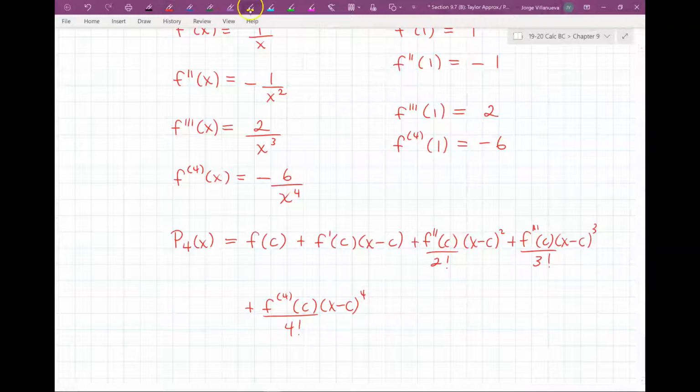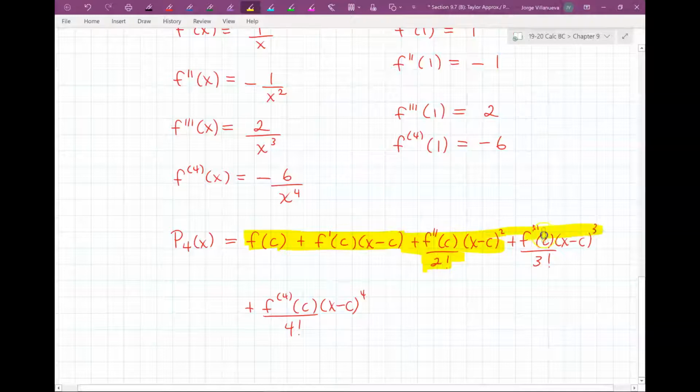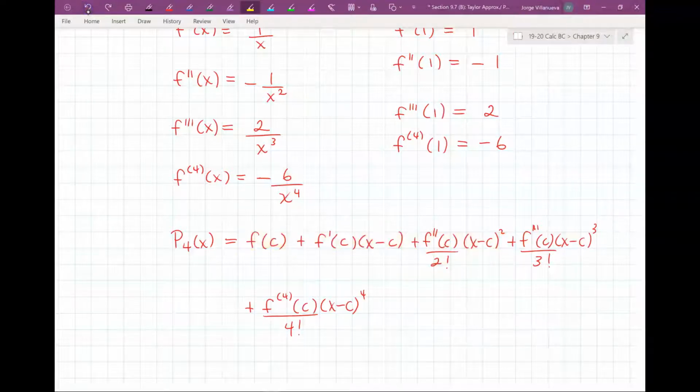So when they say they want the 0th degree, they just want this one. When they say we want the first degree, then you got to include this. When they want the second degree, then include this. If they want the third, you keep going. You just keep adding to it, all right? So even though I wrote 4 terms, actually 5, because the 0th degree counts as an extra, we're only going to take pieces at a time. So here we go.